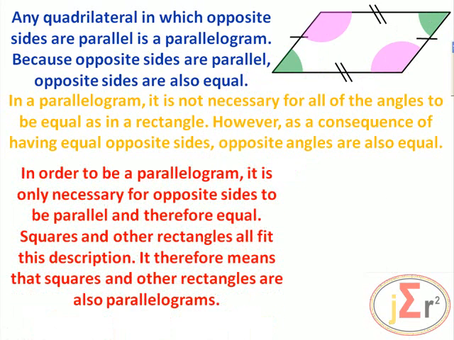In order to be a parallelogram, it is only necessary for opposite sides to be parallel, and therefore equal. Squares and other rectangles all fit this description. It therefore means that squares and other rectangles are also parallelograms. So a square is a rectangle, and it is also a parallelogram.